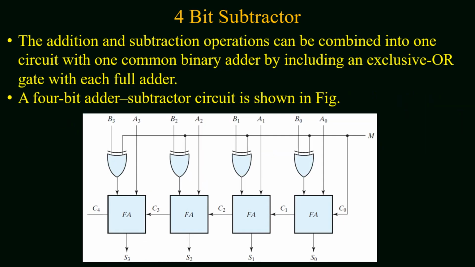Now the addition and subtraction operation can be combined into one circuit with one common binary adder by including an exclusive OR gate with each full adder, and this circuit will have the capability to perform addition and subtraction, and the logic diagram is shown in the figure for binary adder subtractor.